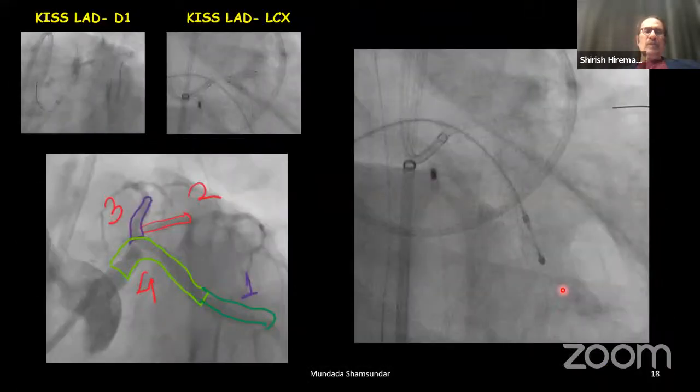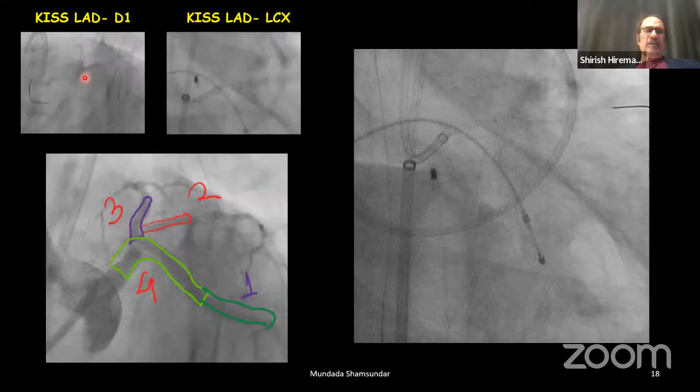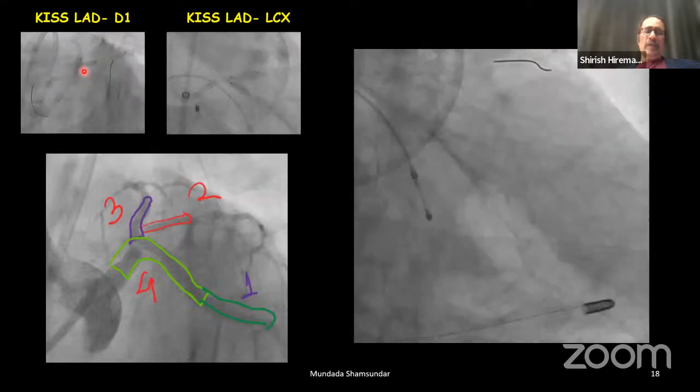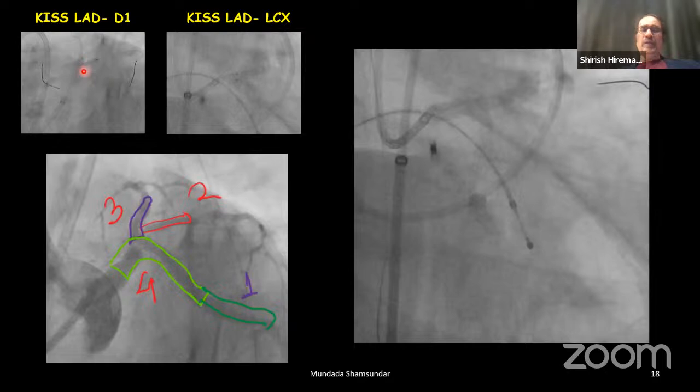Then we did the kiss between LAD and diagonal with an appropriately sized NC balloon at high pressure. I would probably feel that the ostium of the diagonal has to be taken care of very adequately.